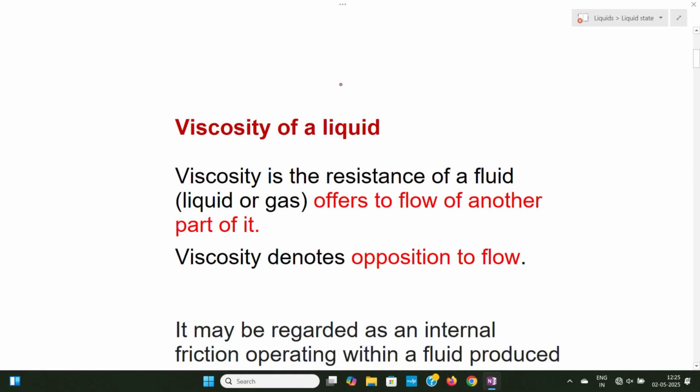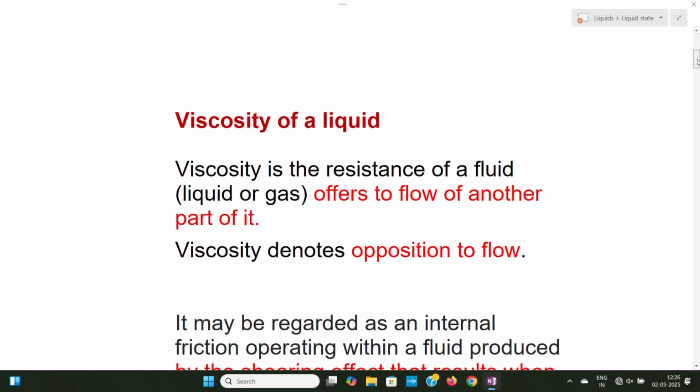First, let us discuss viscosity of a liquid. We have heard this word often. Viscosity is nothing but the resistance a fluid offers to the flow of another part of it.